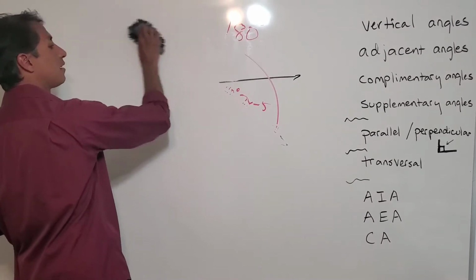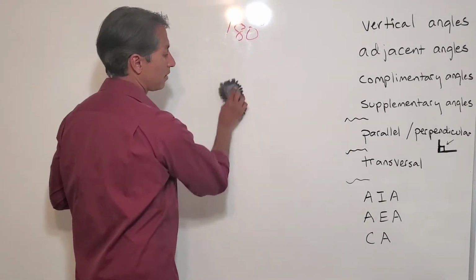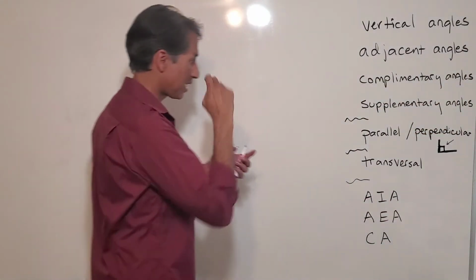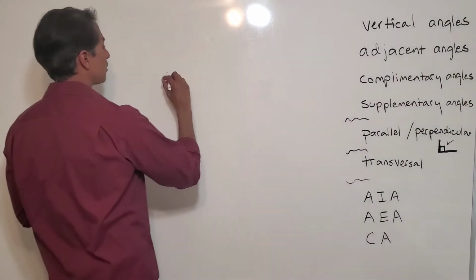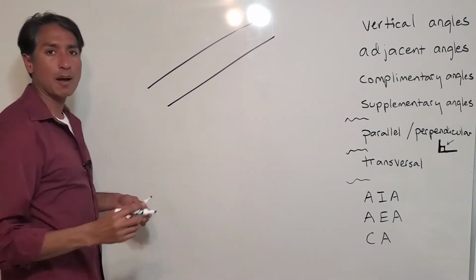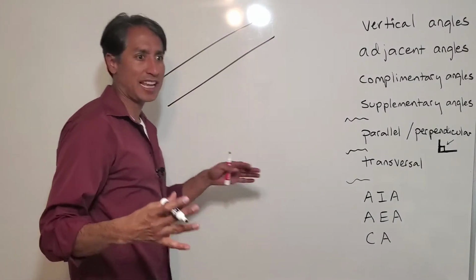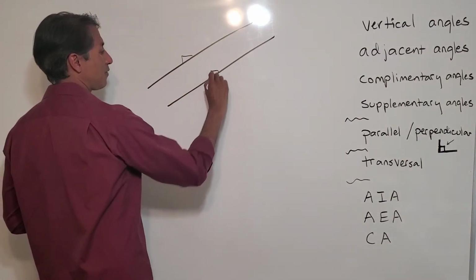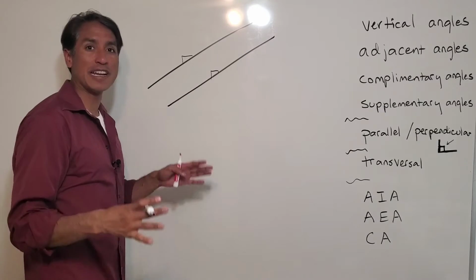Where are we at now? Looks like parallel and perpendicular. Okay. So let me draw these guys out here. Parallel lines are just going to be two lines. Okay. Now, we could get all technical and talk about how they both have the same rate of change. They have the same slope. They will never intersect.